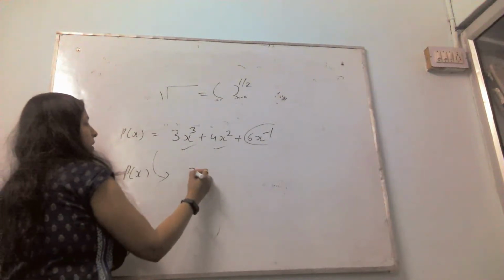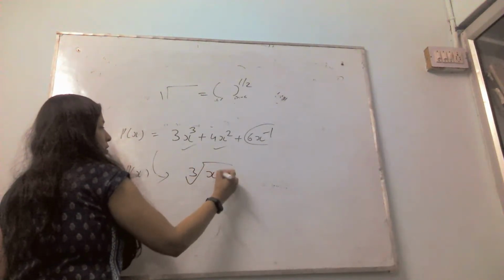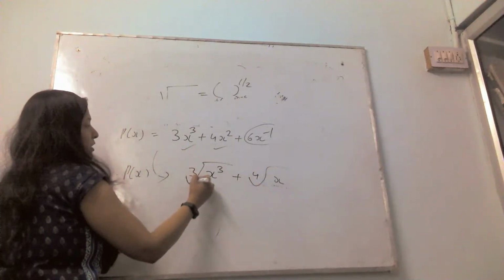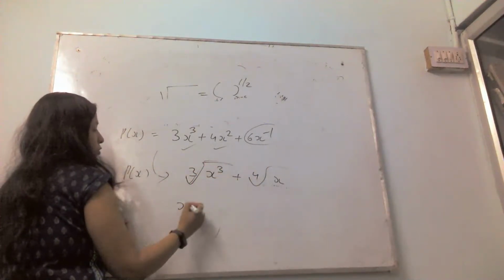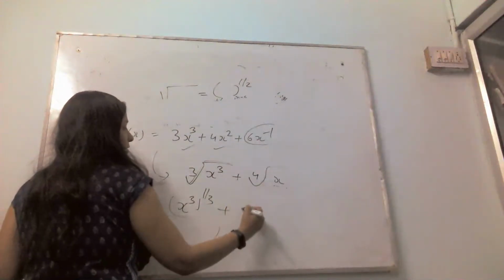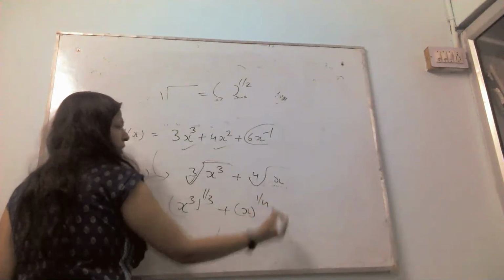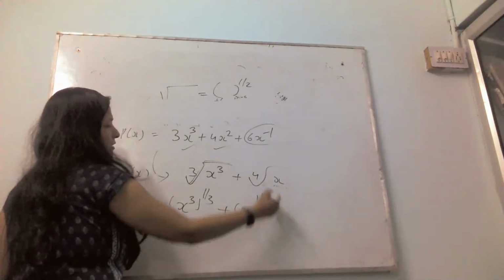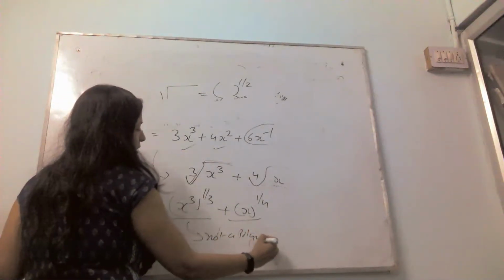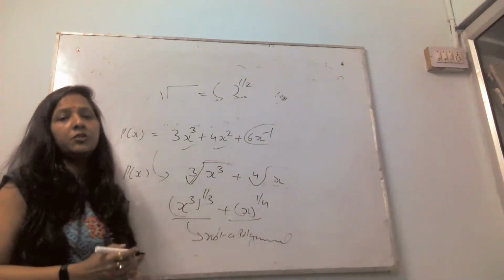Again, we are going to take one. Is it a polynomial? No, because we know that cube root stands for power 1 by 3 and fourth root stands for power 1 by 4. Again, it is in fraction, so it is not a polynomial.